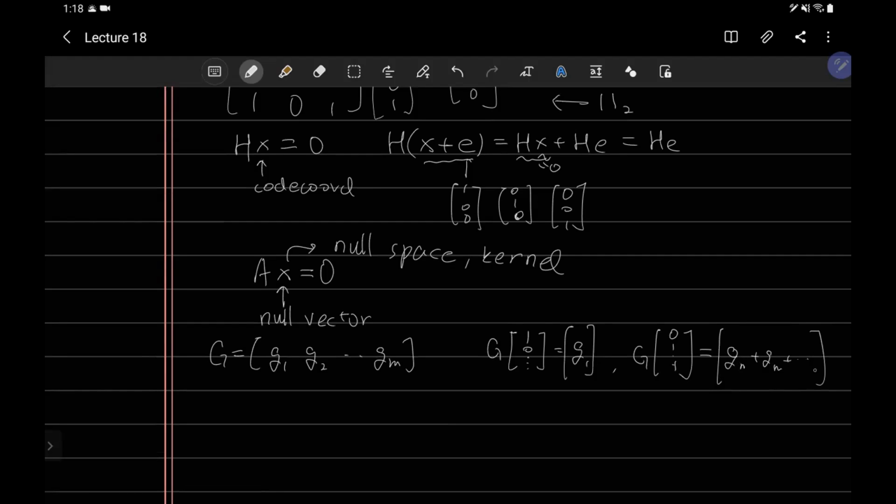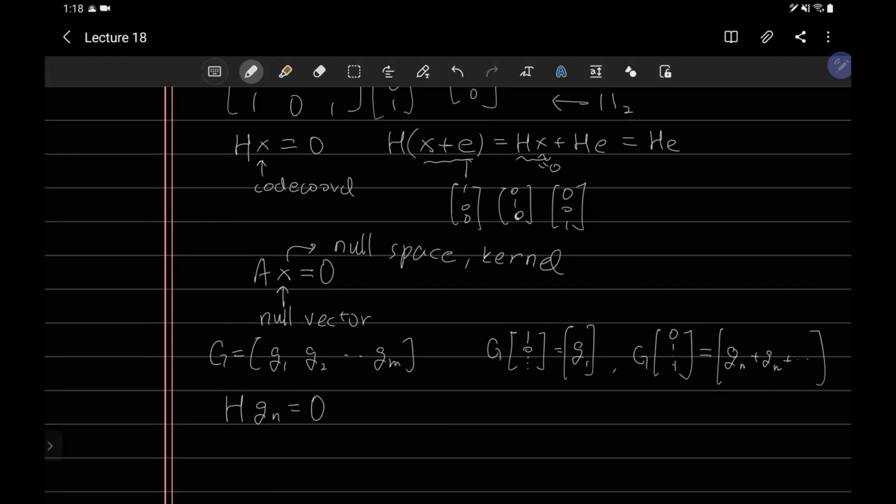So these are always combinations of these column vectors. That means that if I multiply the parity check matrix on each of the columns, not only G sub 1 but any arbitrary column here, then they should always become 0.